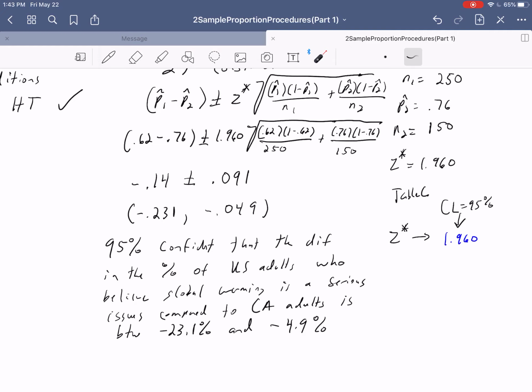And that's not really what this percentage means. This is talking about the percentage of people who fall into these categories. So I would recommend when doing a two-sample proportion confidence interval, you stick with this very strict description, where we describe it as the difference in the percentage.